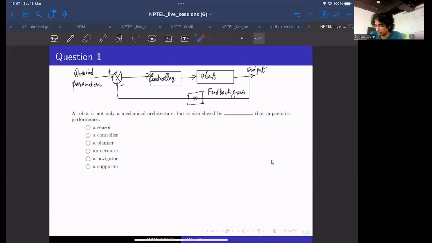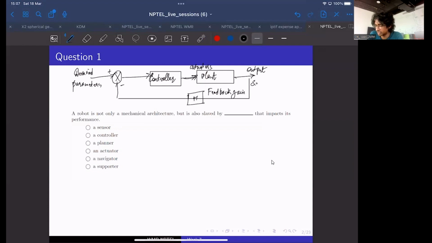Over here we have a plant, and a controller which controls the actuators so that the plant does its corresponding operations.